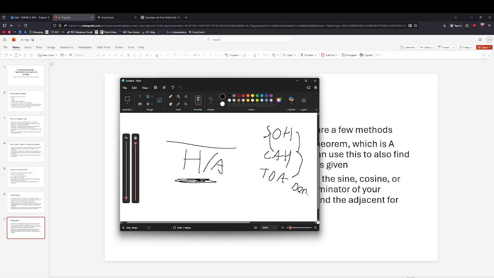But then your first letter is your numerator. It's always either going to be opposite or adjacent. Opposite is always on top. Hypotenuse is always on bottom. A switches between them, just depending on what you need from it.